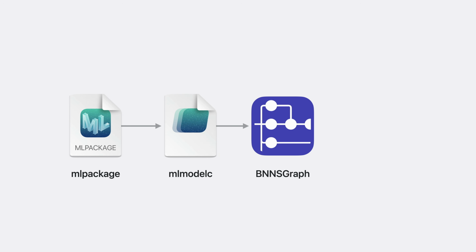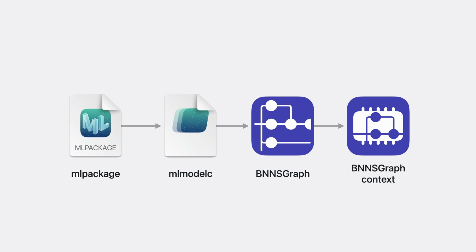To create a graph using the file-based API that we introduced last year, you start off with a Core ML package. Xcode automatically compiles the package to an ML Model C file. And then you write the code that builds the graph from the ML Model C file. The last step is to create a context to wrap the graph, and it's that context that performs inference. This approach is still the best way to integrate existing PyTorch models into your project.